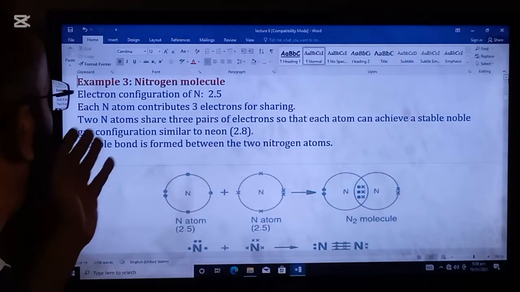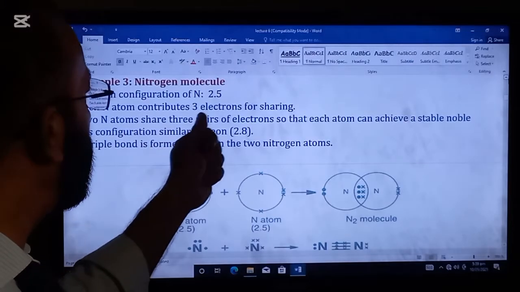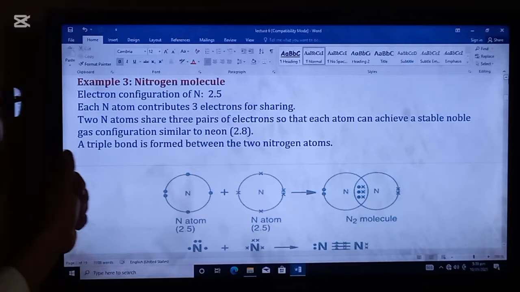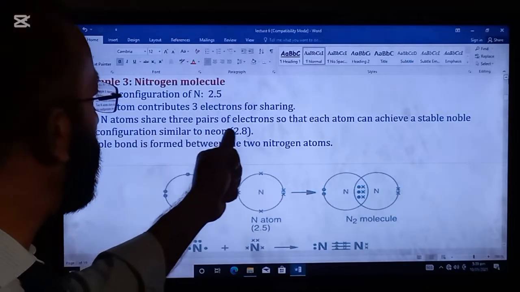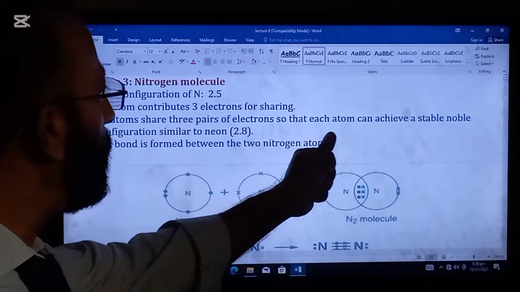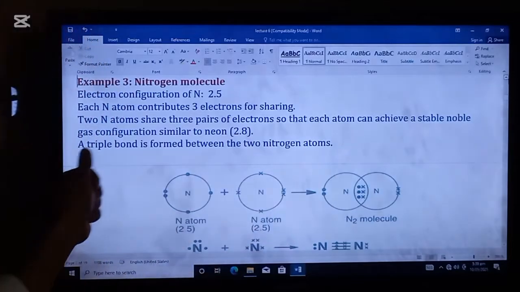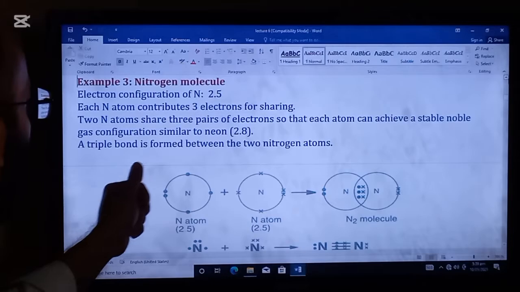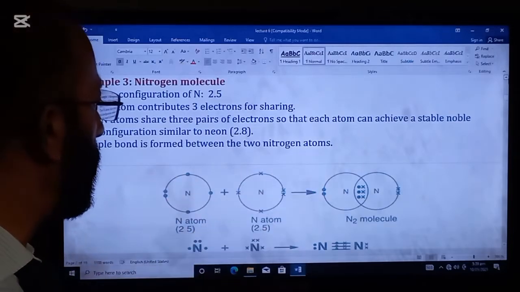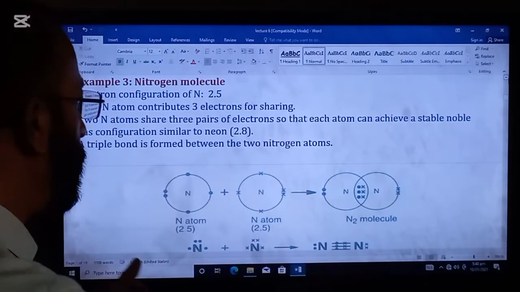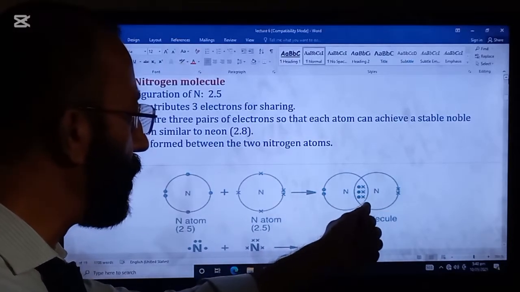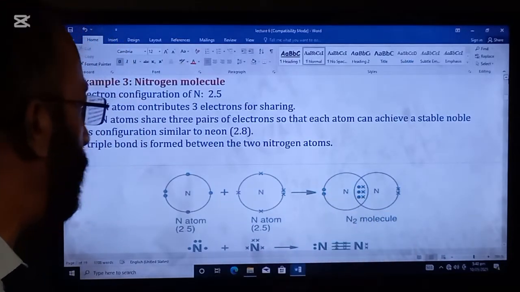So that's why each nitrogen atom contributes 3 electrons for sharing. 2 nitrogen atoms share 3 pairs of electrons so that each atom can achieve a stable noble gas configuration. A triple bond is formed between the 2 nitrogen atoms. Diagram representation is here. Each nitrogen atom will contribute 3 electrons to achieve noble gas configuration.